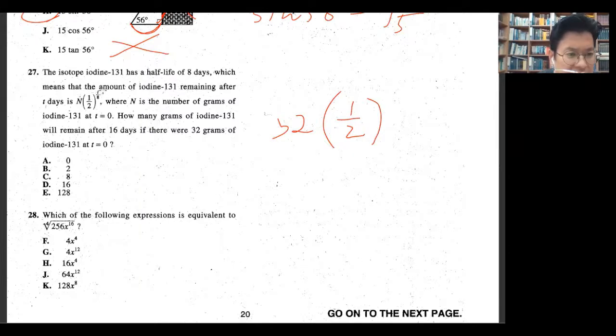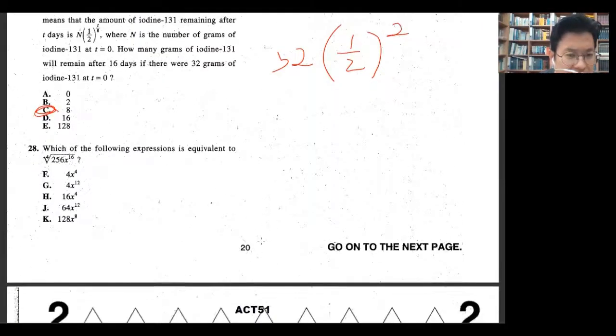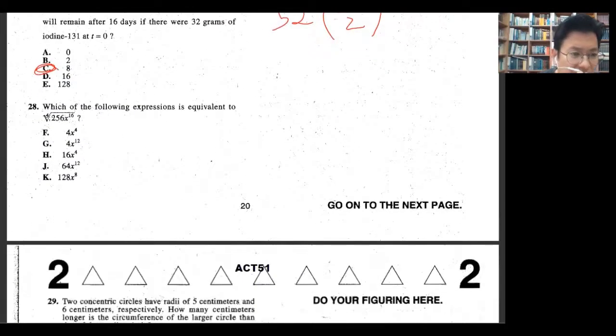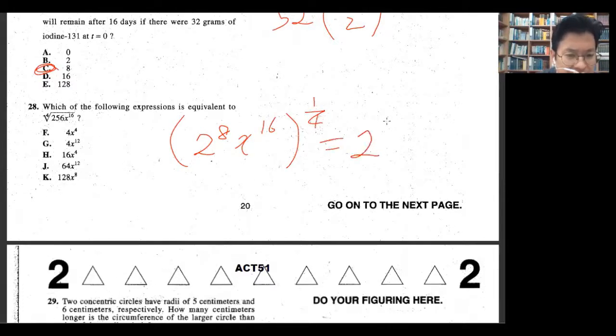The t is 8 days, so 16 days over 8 is 2, so 1/4, so 8. 256 is 2 to the 8th power, and x to the 16th power, 1/4. 2 squared x to the 4th, so 4x to the 4th.